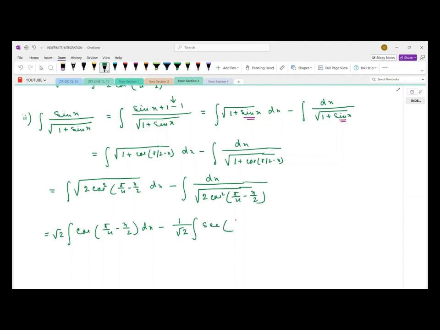Sec of pi by 4 minus x by 2 dx. Now you can do this. So this is one category because both the sums look the same. I mean they are almost similar. That is why we have done this.